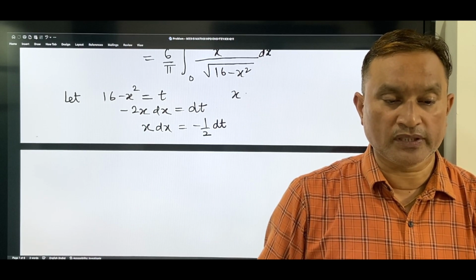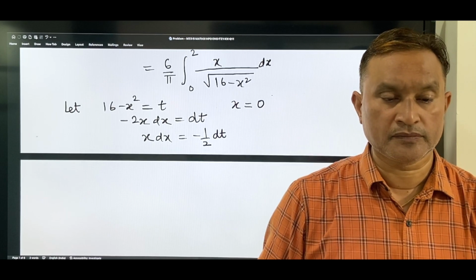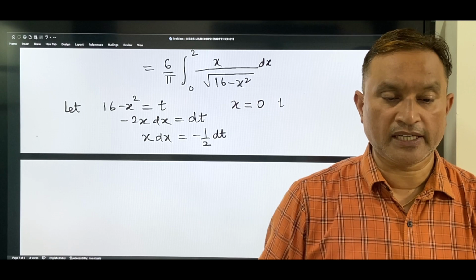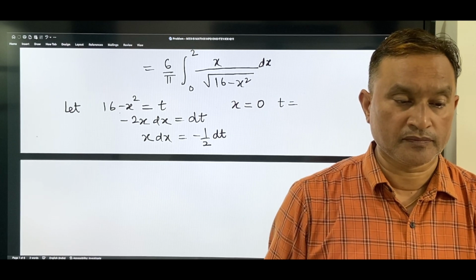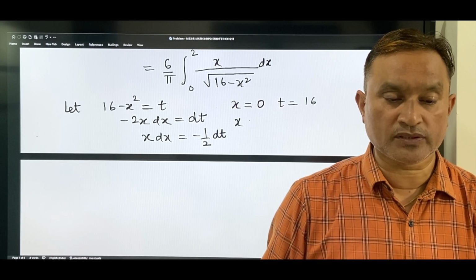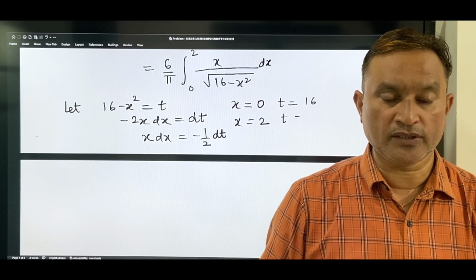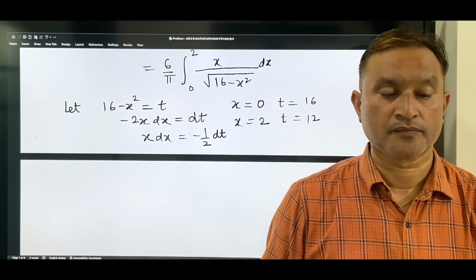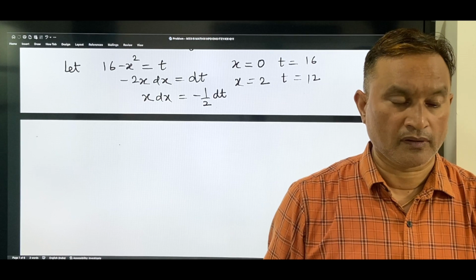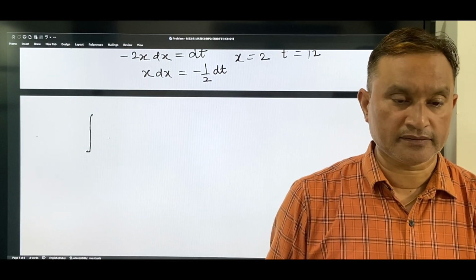When x equals 0, then t value would be 16. When x equals 2, then t value would be 12. So now we will integrate.